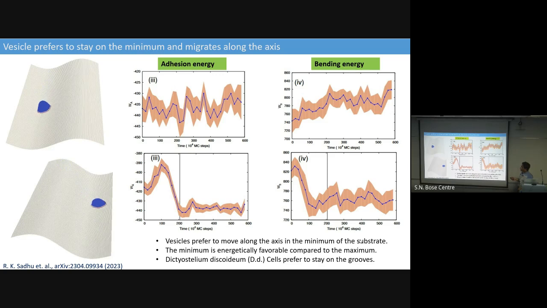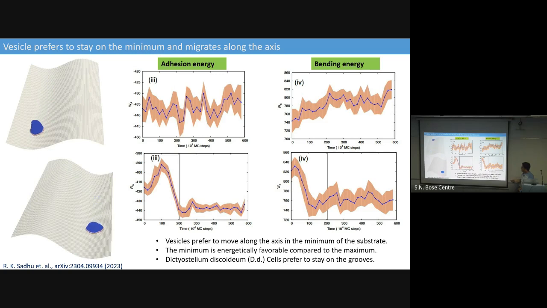So if we measure the adhesion and bending energy, for this case, this is the adhesion and this is the bending energy. For this case, this is the adhesion and this is the bending energy. The surface doesn't have any dynamics by itself, right? The surface is static. The configuration also doesn't change. This substrate is static and rigid. And you see that the adhesion energy and bending energy drop, and this line corresponds to the minimum.